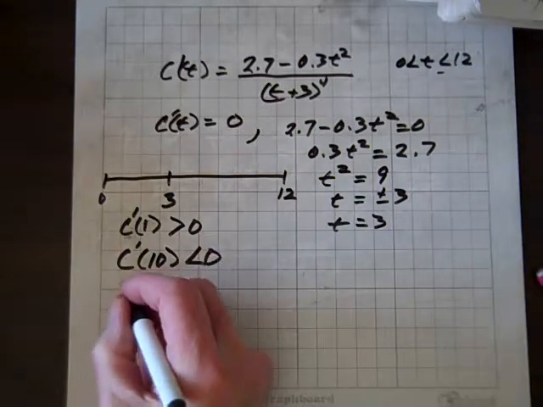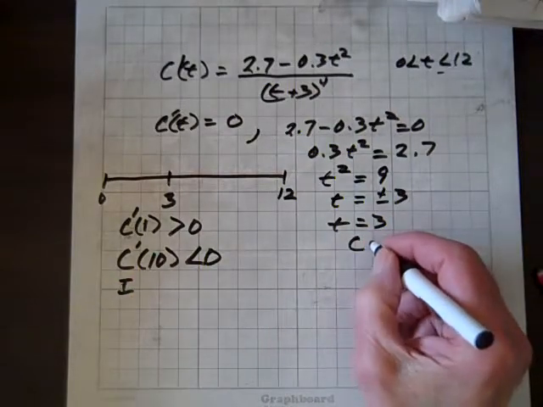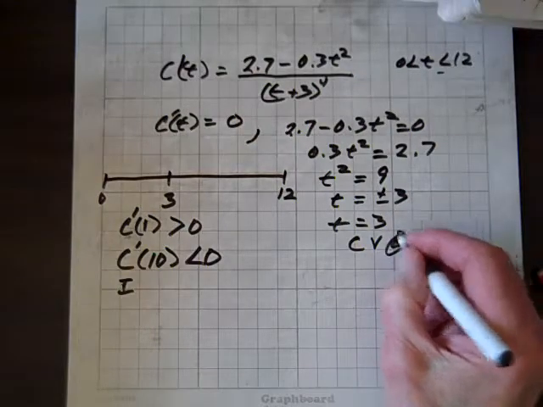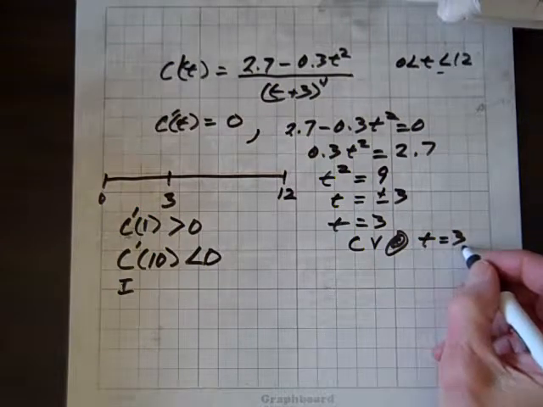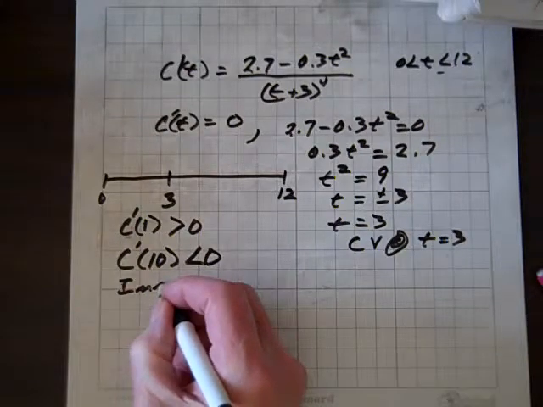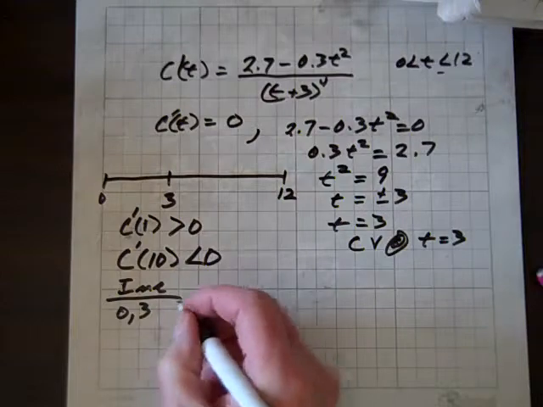So this tells us that this thing is increasing. By the way, the critical value is at t equals 3. So our critical value is t equals 3. And it's increasing on the interval 0 to 3.